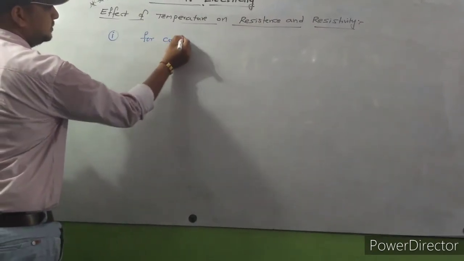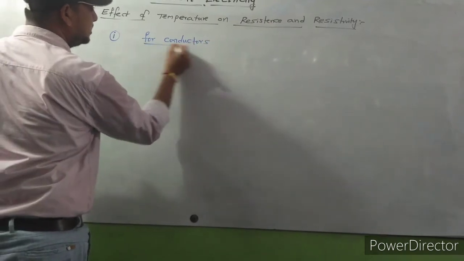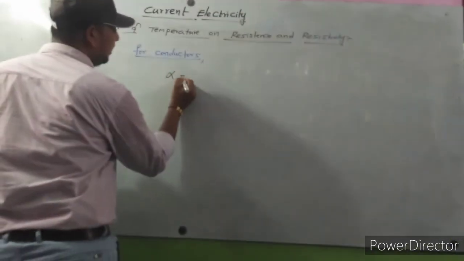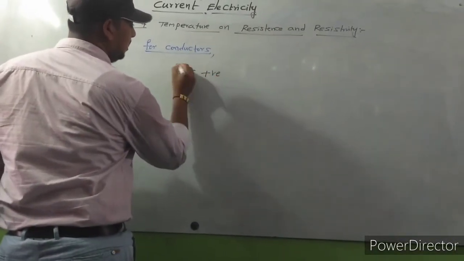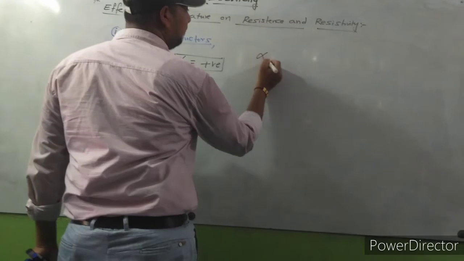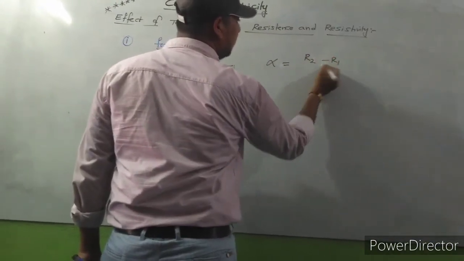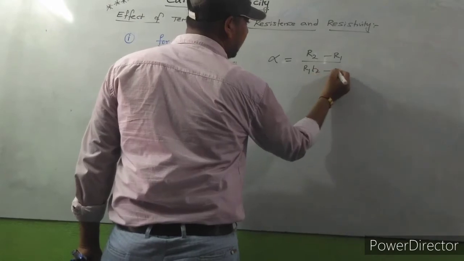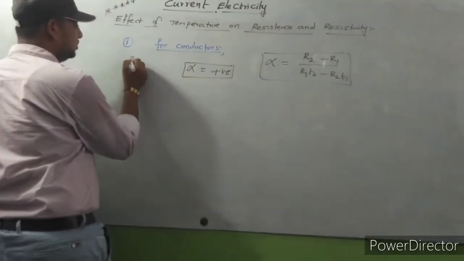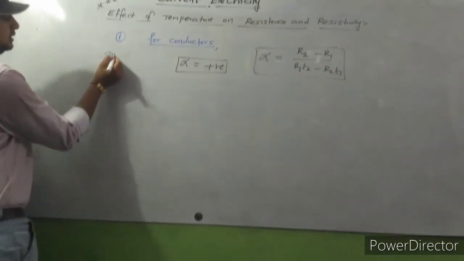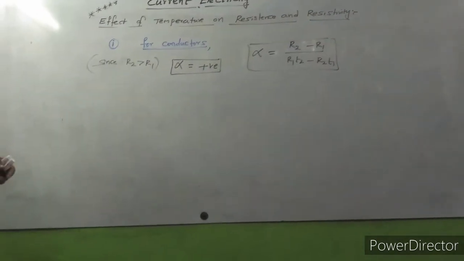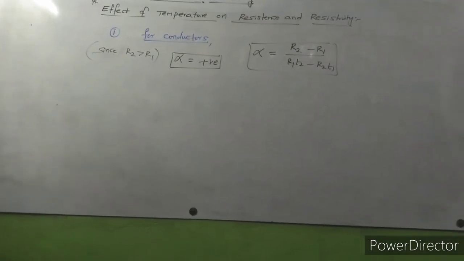Next, for conductors, alpha value is positive. Since alpha is nothing but R2 minus R1 by R1 T2 minus R2 T1, for conductors the alpha value is positive since R2 is greater than R1.